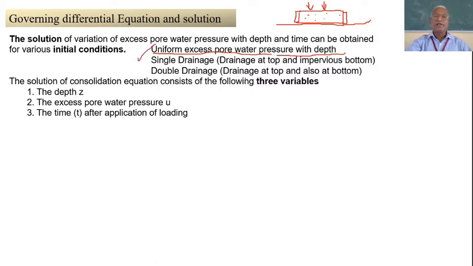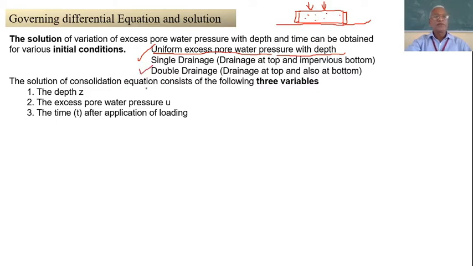In the second case, drainage is there at the top and also at the bottom. Means you will be providing porous stones or some facility wherein the water can go up or down. So that is a double drainage condition.